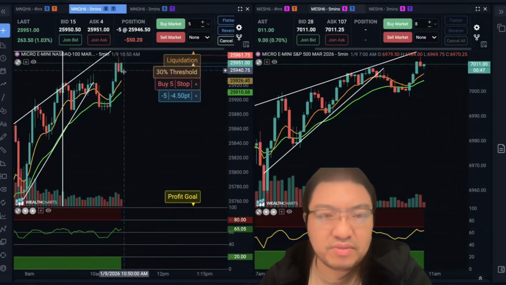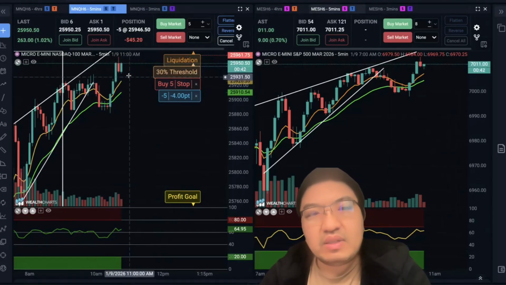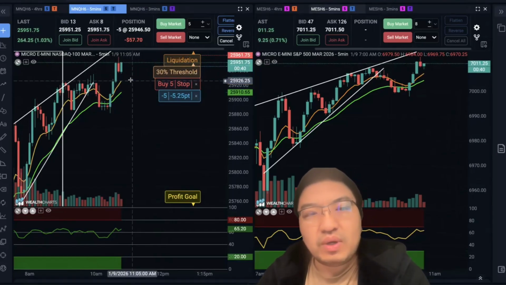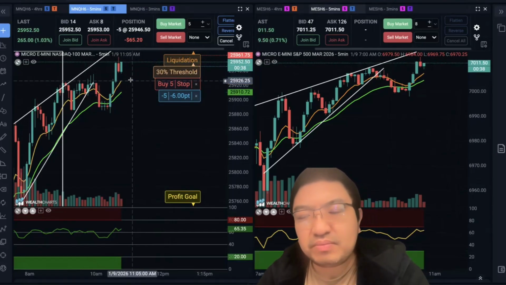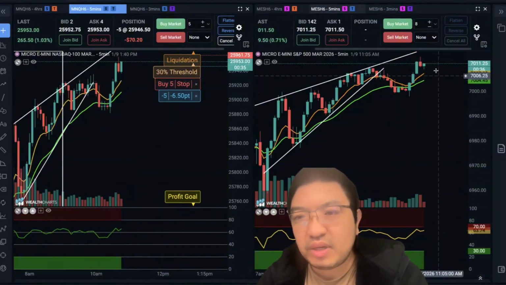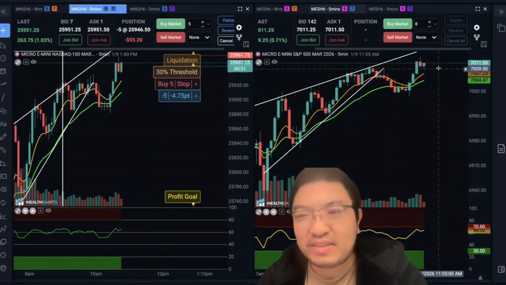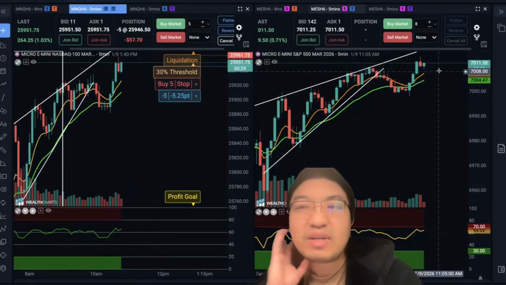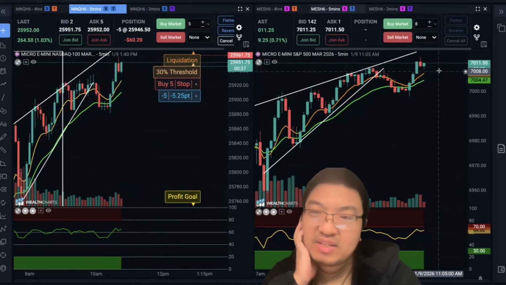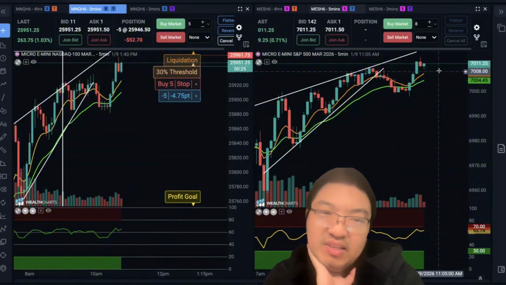Oh, engulf. So this uptrend continues. Oh, uptrend continues. And yes, fool me again. It's trying to go down and shows a breakdown. I should really wait until the completion of the candle and see.